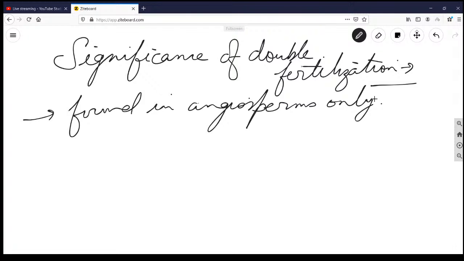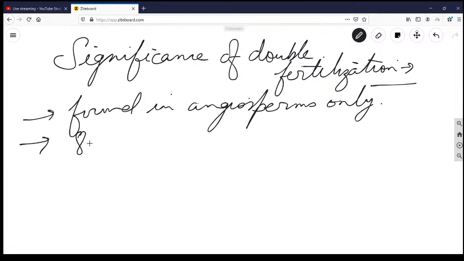Next, in angiosperms, the female gametophyte abruptly stops its growth. It doesn't undergo any more mitotic divisions after the 8-nucleate stage, which means after the third mitotic division. Further growth of the embryo sac occurs only when the zygote has been formed.